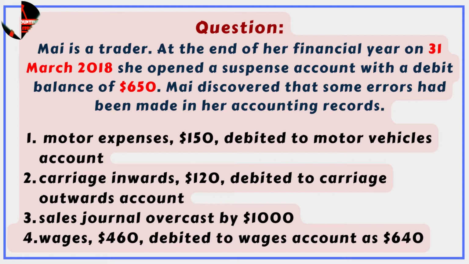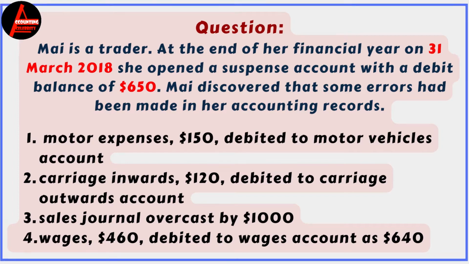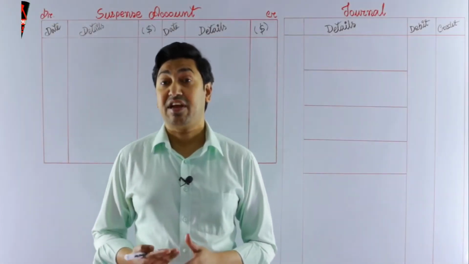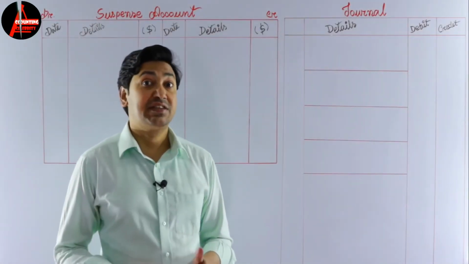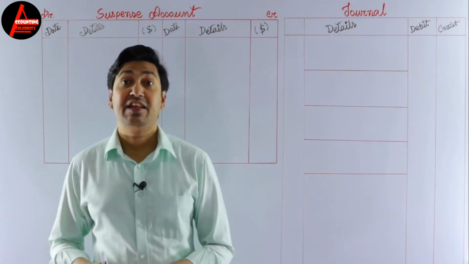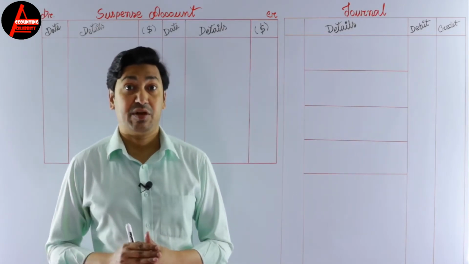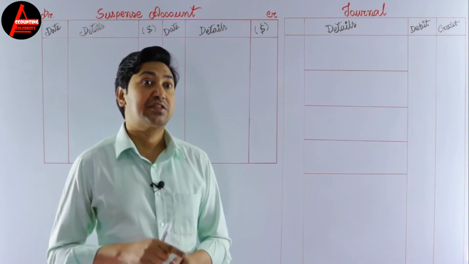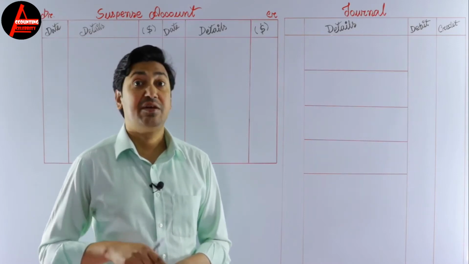I discovered that some errors had been made in her accounting records. What is the first error? Motor expenses $150 debited to motor vehicles account. So this is an error of principle. When an asset is treated as an expense or when an expense is recorded as an asset, then it is an error of principle. Here motor expenses were recorded as a motor vehicle.